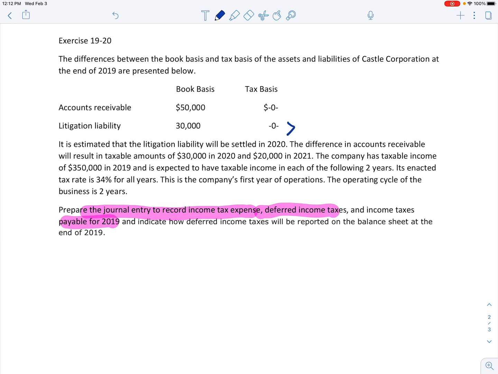This liability is going to create a deferred tax asset. And then we have a difference in the accounts receivable of $50,000. This represents future taxable amounts. Because it's going to be future taxable amounts, as it says right here, that's going to create a deferred tax liability.